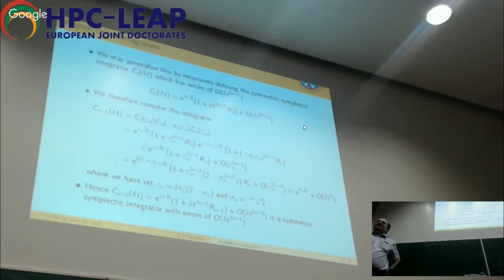So eventually you don't win very much because you're limited by the maximum step size you can use for the integrator to remain stable. But if you have a system where your energy conservation has to be really good, so you need a really high power of delta tau in the error term, and you're not limited by the stability of the integrator, then using a high order integrator will be very useful.